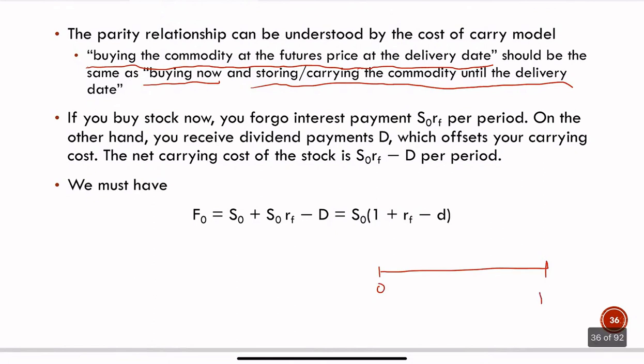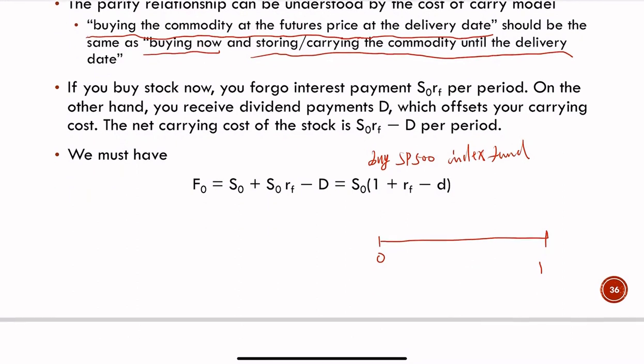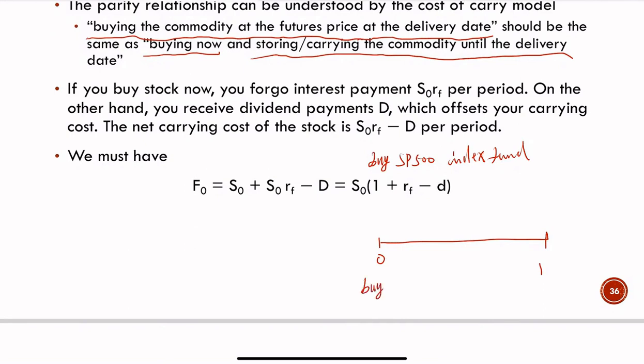let's say you want to buy, what do you want to buy here? Let's say you want to buy the SP 500 index fund, right? It's a mutual fund. Now you have two ways to get it in the future, right? You could buy it today, and then you will hold this index fund into the future, right?